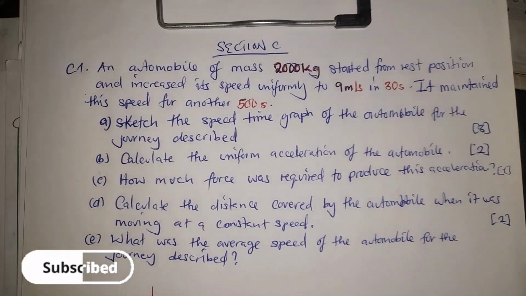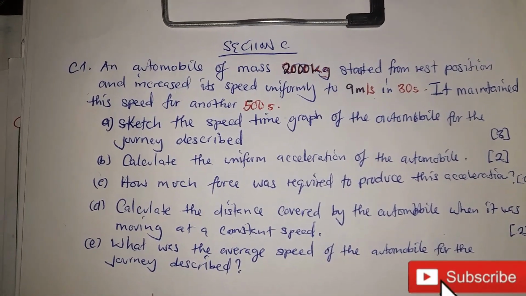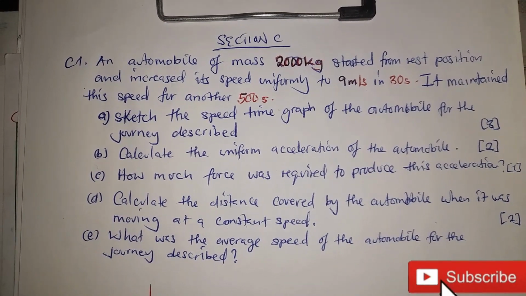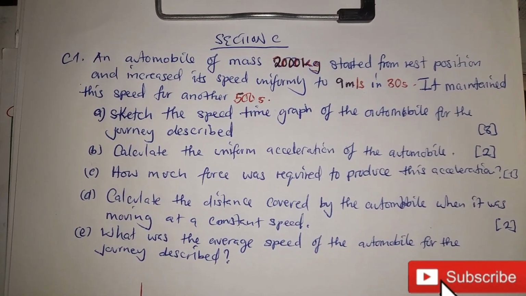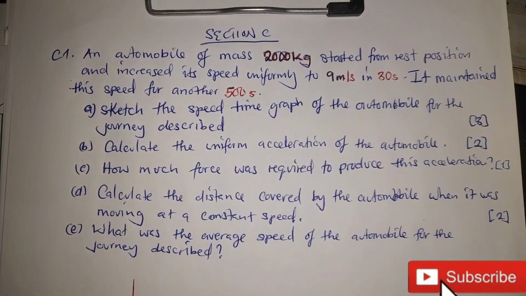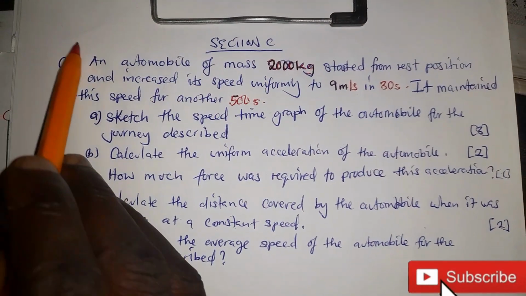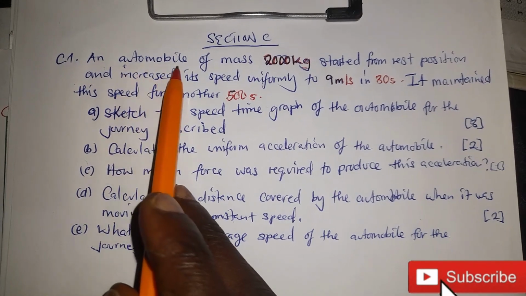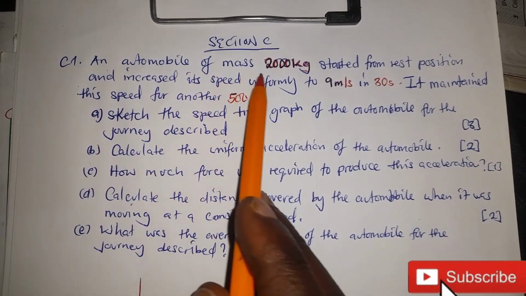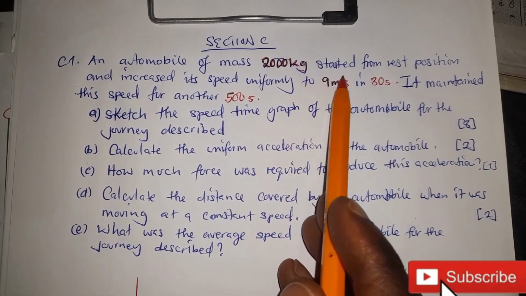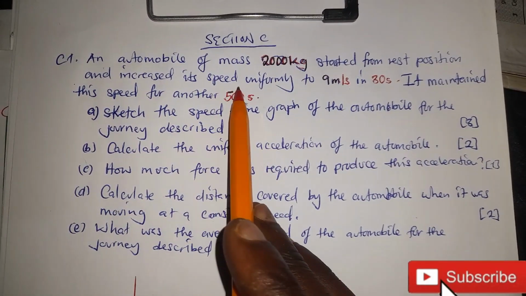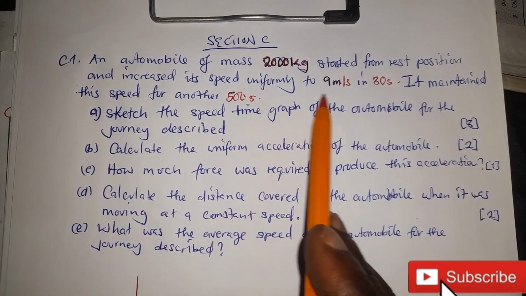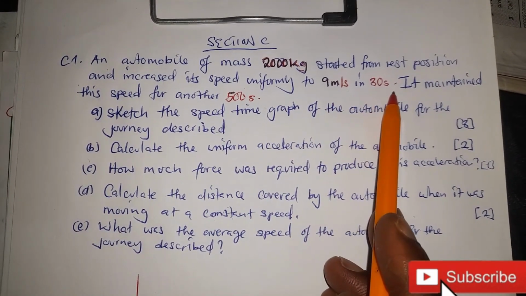All right, we have another question. Same year, 2017 GCE physics. The question reads: an automobile of mass 2000 kg started from rest and increased its speed uniformly to 9 meters per second in 30 seconds.